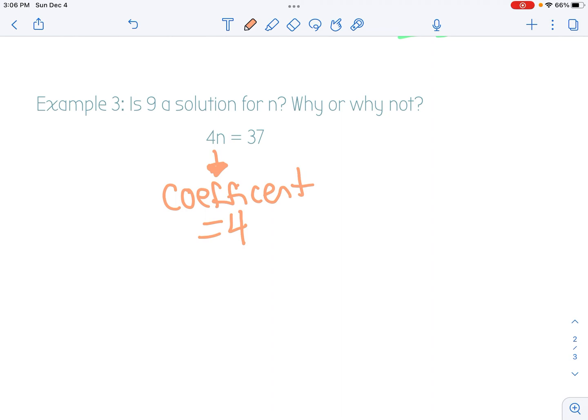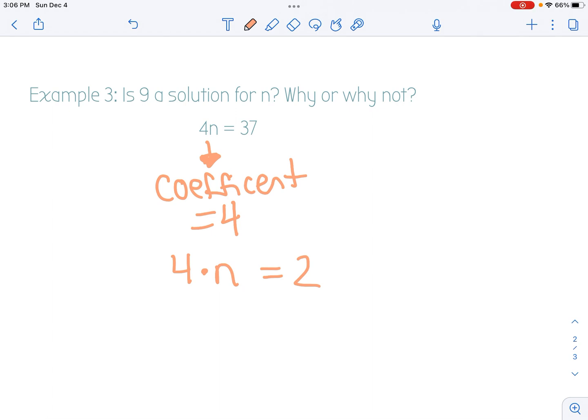The number 4 is connected to the variable. Coefficient also means we're multiplying. 4n is really saying 4 times n. It's just taking out that times sign. So 4n, 4 times n, equals 37.